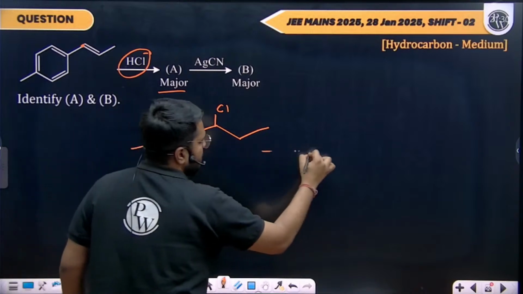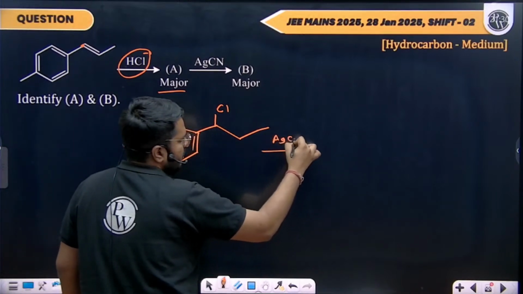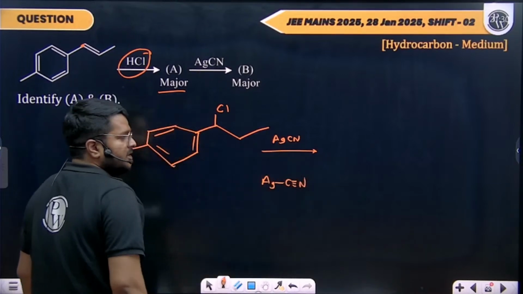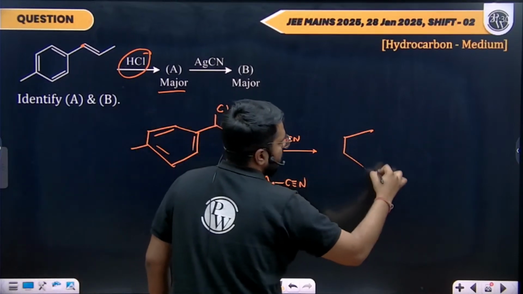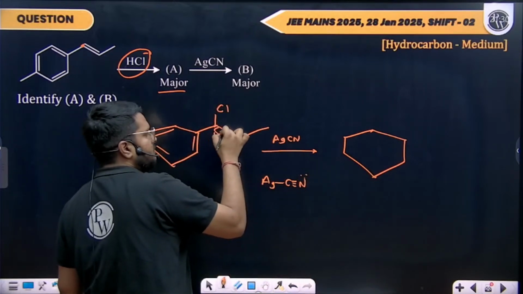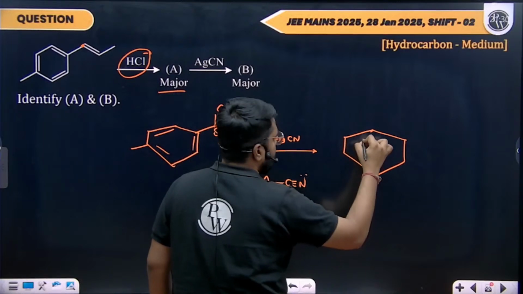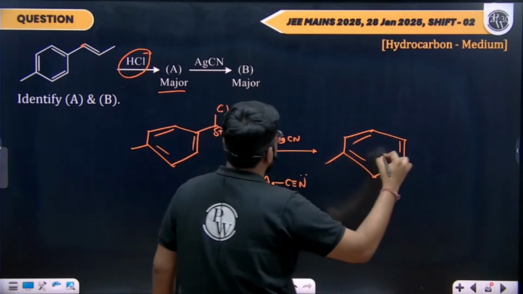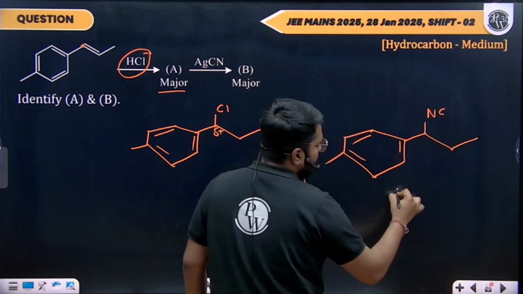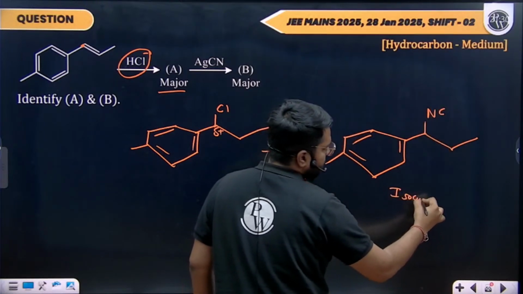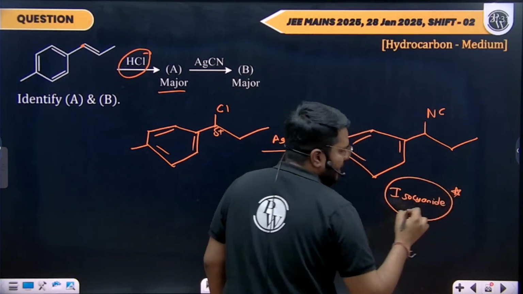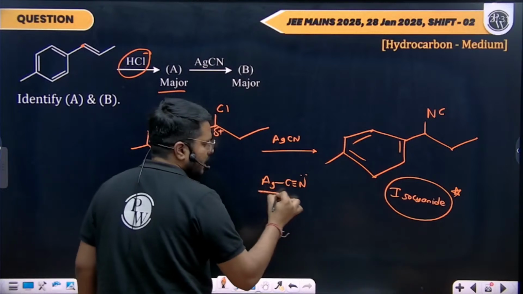After that, AgCN, as we know, is covalent in nature. That is why it can form an isocyanide, where N will attack. So it can produce an NC, isocyanide type of compound. We just have to remember that AgCN is a covalent compound.